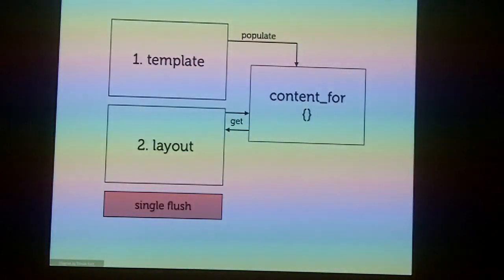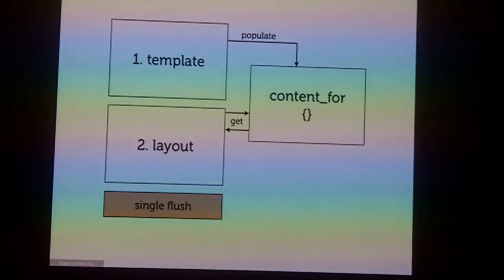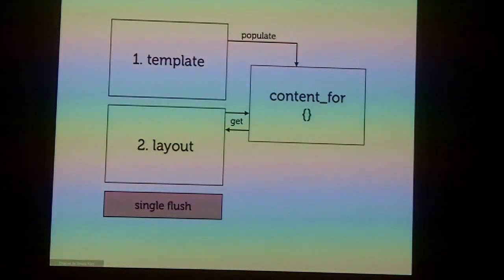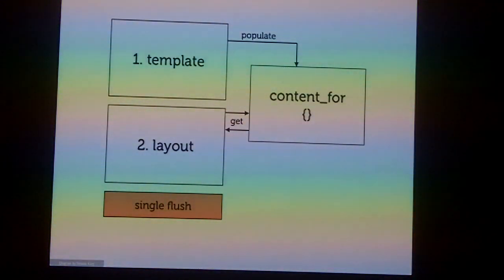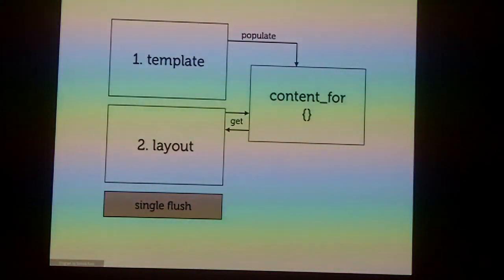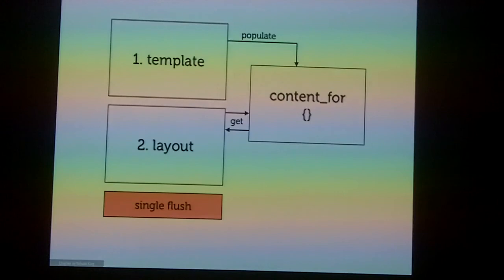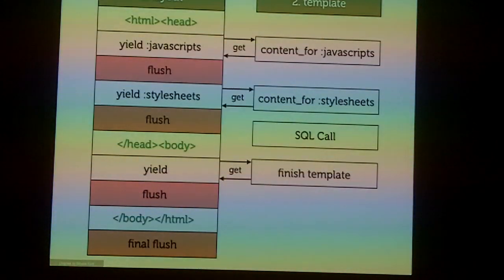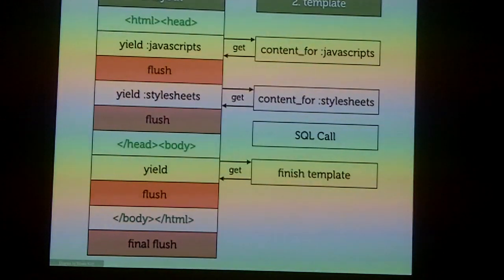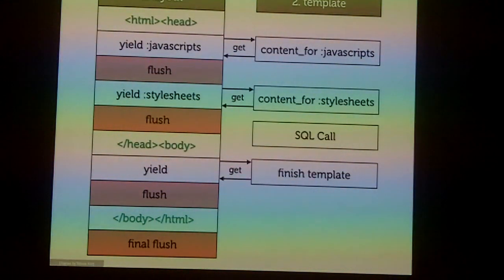So here's an example of that. There is a template. It needs to get some content for some named sections of the page, and to do that, it will invoke the layout. The template will provide content for that layout, and once it's all done, you flush. This is the goal. You don't necessarily need to understand this entire slide, but see there's a lot of flushes.